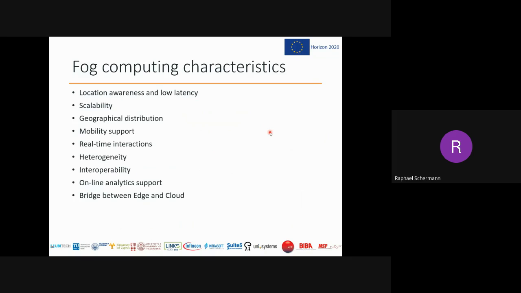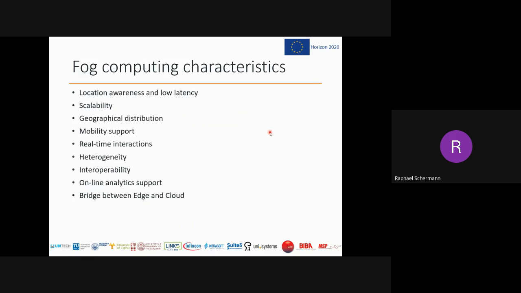Heterogeneity. Fog nodes or end devices are designed by different manufacturers and thus come in different forms and need to be deployed according to the platforms. The fog has the ability to work on different platforms. Interoperability. So fog components can interoperate and work with different domains and across different service providers.